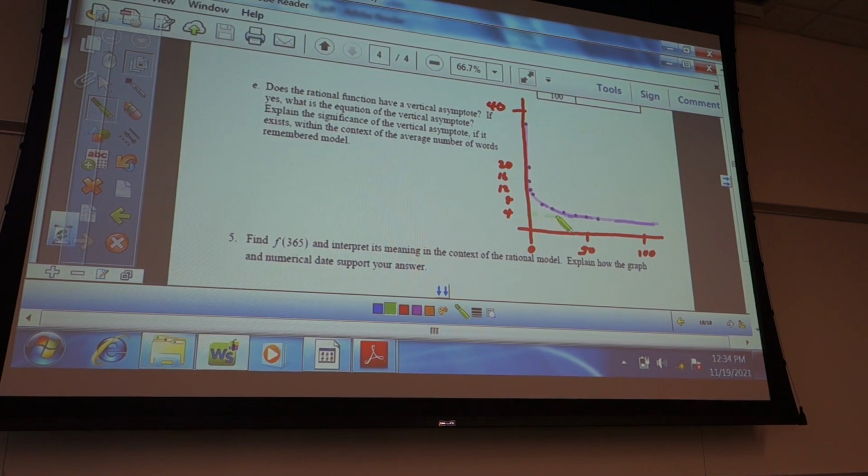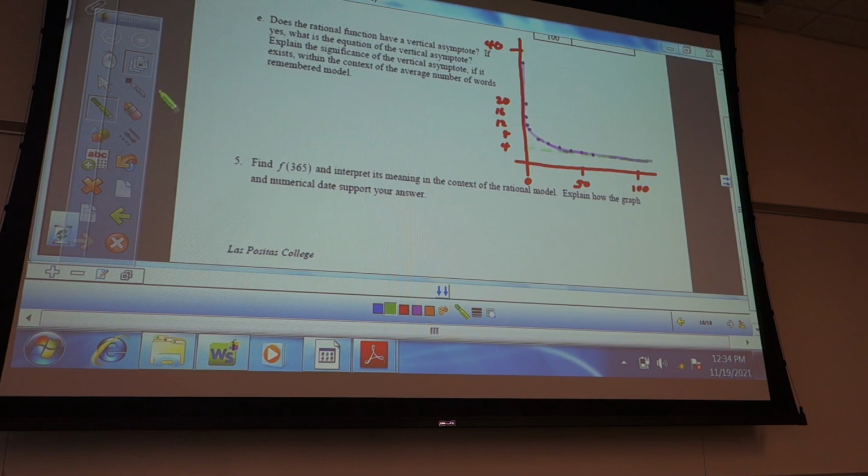Cool, I see one at 5. Shortly above 4. There's a kind of asymptote here at 5. Find f of 365, and interpret the meaning.